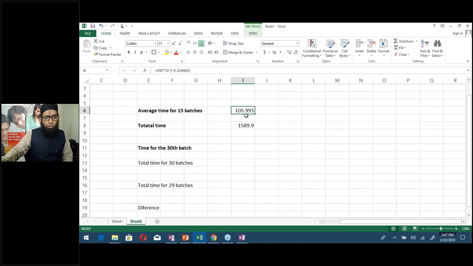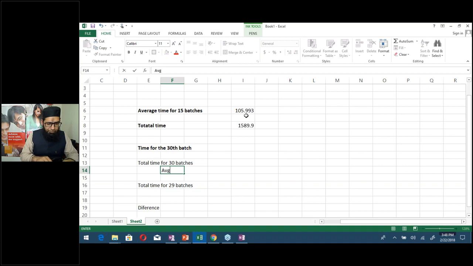One of the students has asked me to repeat the calculation of average time, so here it is. Now to calculate the total time for 30 batches, first of all, we will calculate the average time and then the total time.